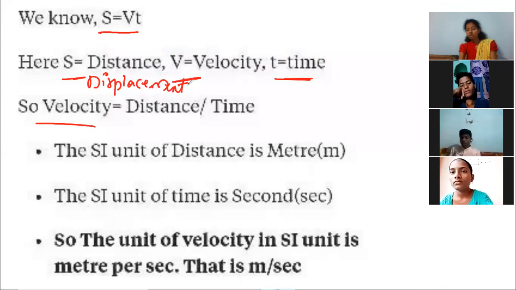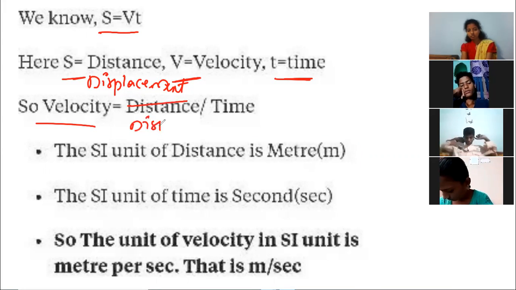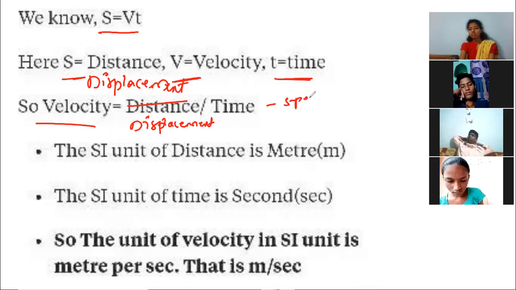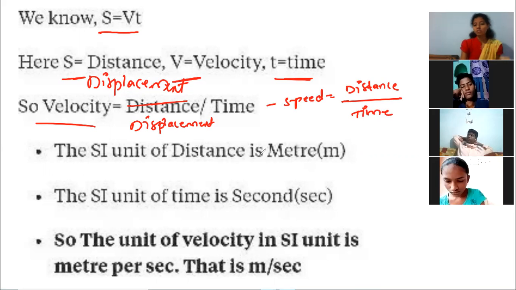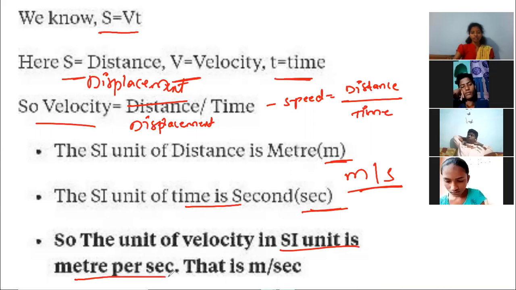If it is speed, we take distance. The SI unit of distance or displacement is meter, and the SI unit of time is second. So for speed and velocity, we take meter per second. The SI unit is meter per second.